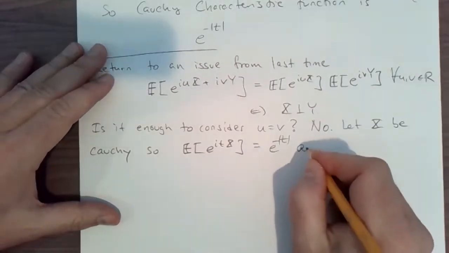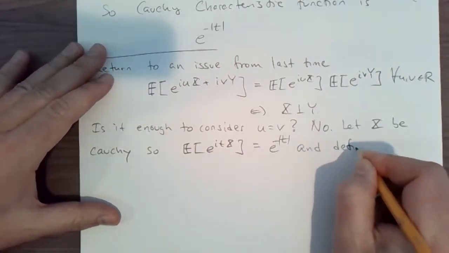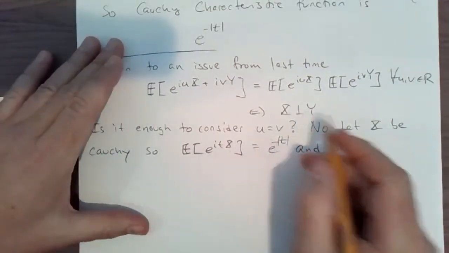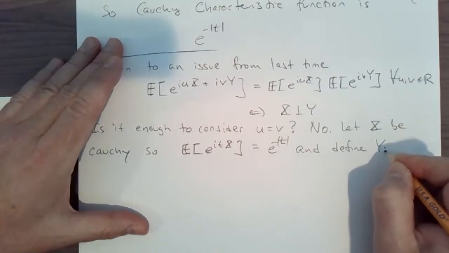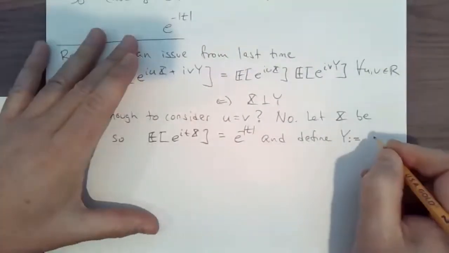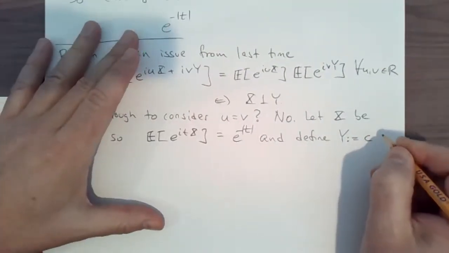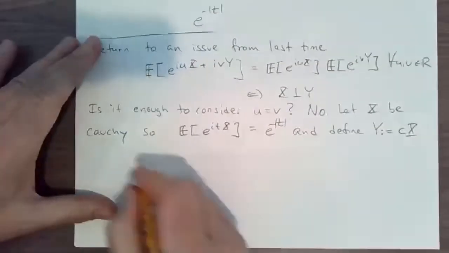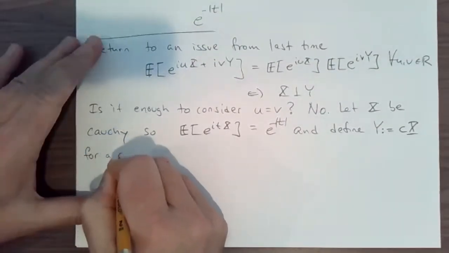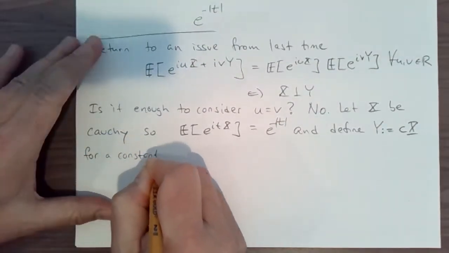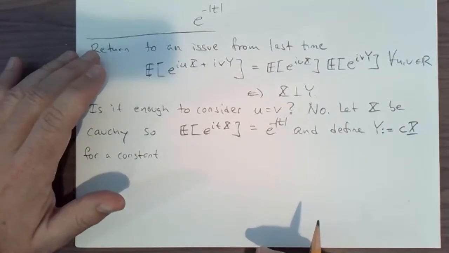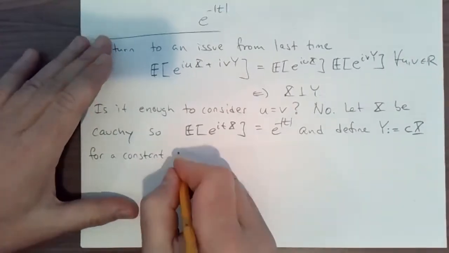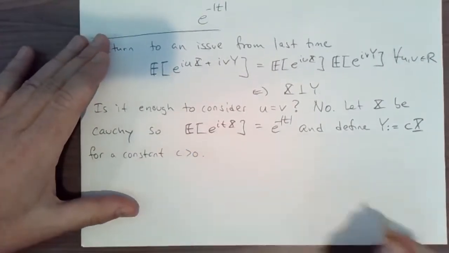And define Y to be a constant c times X, for a constant c that's positive.